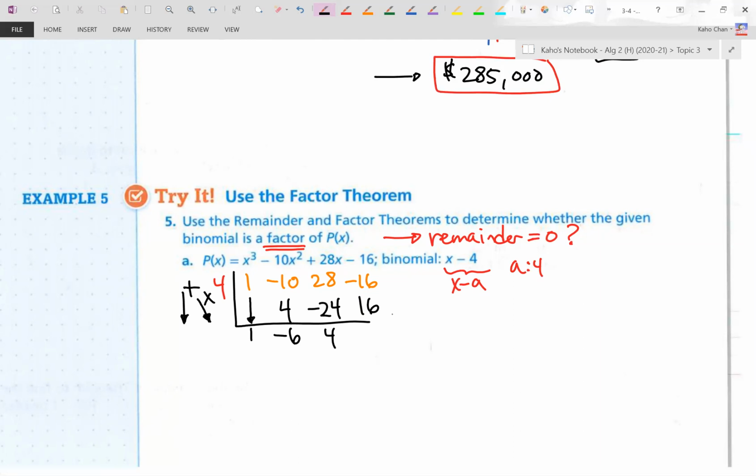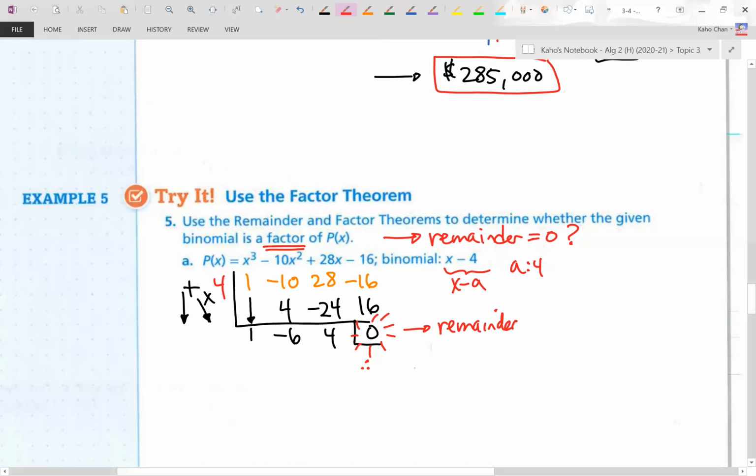Add vertically, multiply, add, multiply, add, multiply. And my remainder is 0. Yay. Woohoo. So the factor theorem says, if you get a 0, the divisor, x minus 4, is a factor.